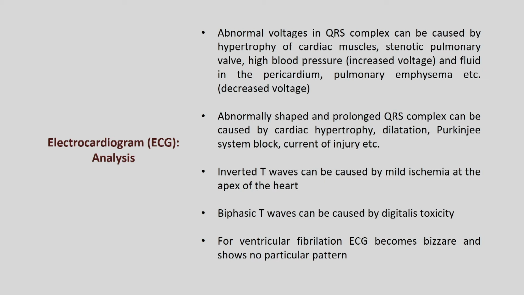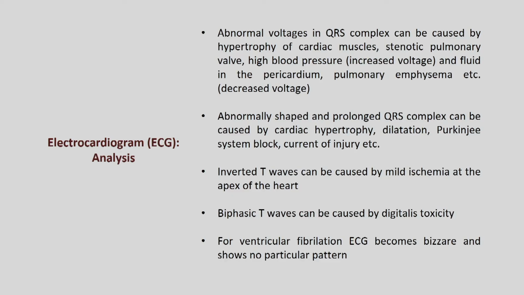Here one important thing is how the T wave looks. The T wave is on the positive side, but if somehow you find an inverted T wave, like it is in the opposite direction, then you can expect a mild ischemia at the apex of the heart. A biphasic T wave also sometimes is visible, and it can be caused by digitalis toxicity.